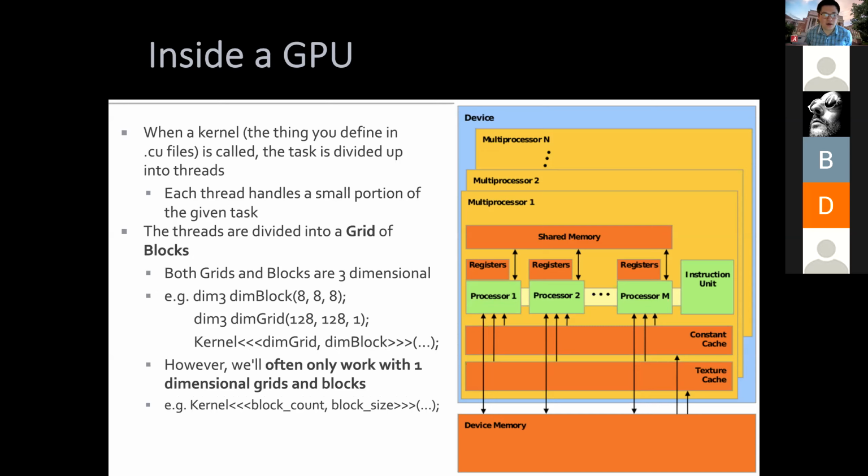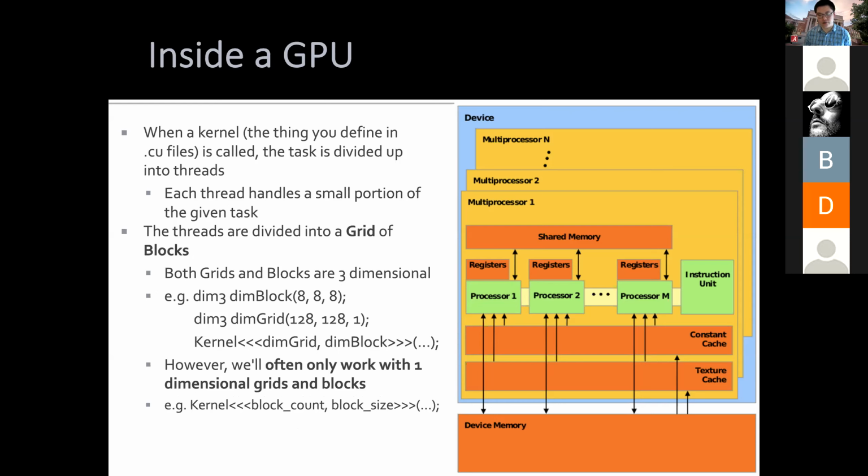Okay, so when a kernel is called, the task is divided into threads. Each thread handles a small portion of the given task. And the threads are divided into grids and blocks. This is what I have already mentioned, so there's some repeated content here. However, we will often only work with one-dimensional grids and blocks. For vector addition, 1D is definitely enough.